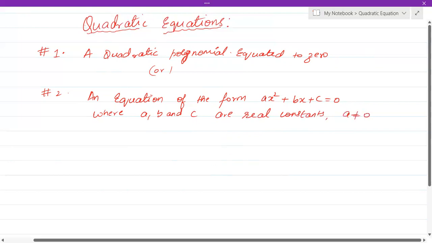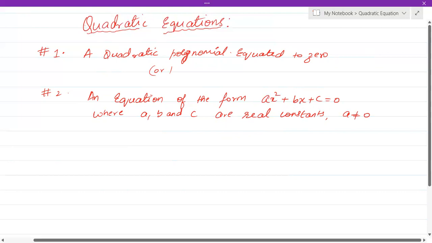Because if you give a as 0, 0 into x square will become 0. This entire thing will vanish. Then what is the highest power of x now? It is 1. So it will become a linear equation. It doesn't become a quadratic equation. So if it has to be quadratic, the a value should not be 0. Other than 0, you can give anything you wish.